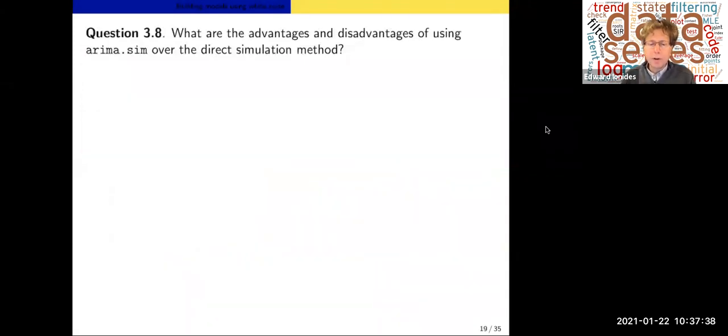Okay, so what are the advantages and disadvantages of using arima.sim over the direct simulation method? This is something you always have to think about when you're deciding whether to use statistical software or write it yourself.